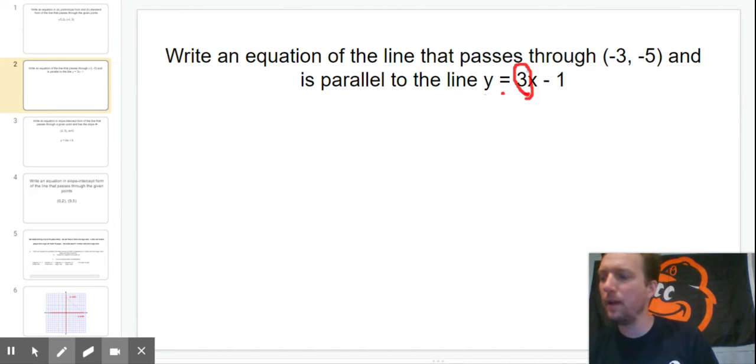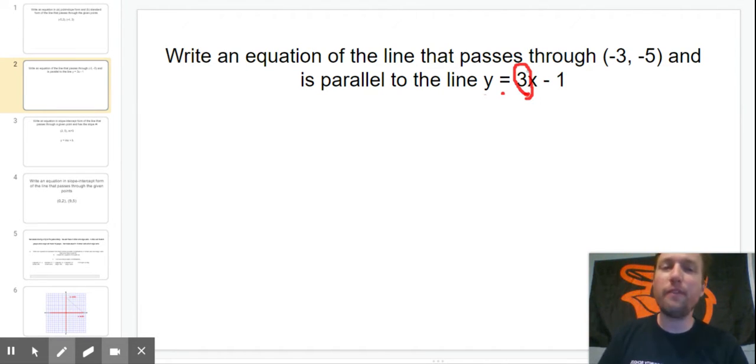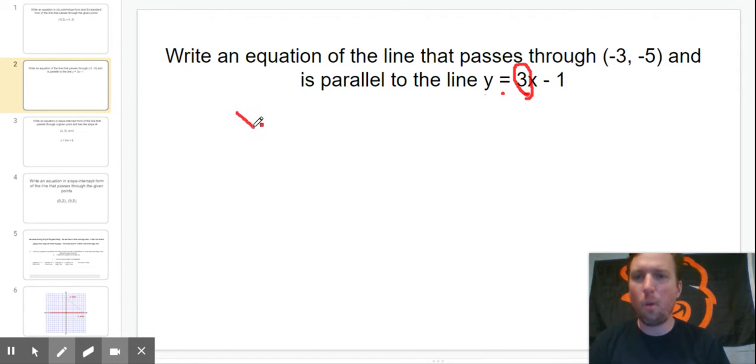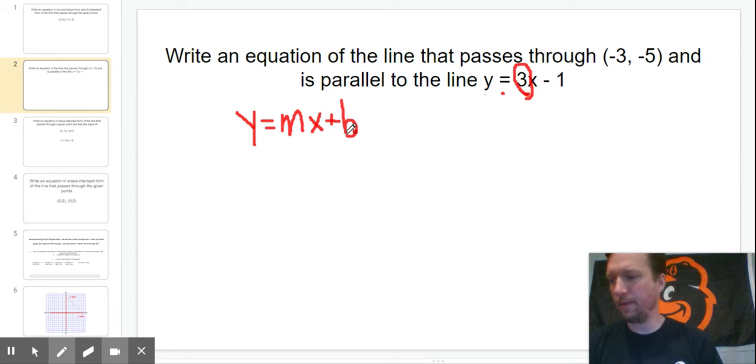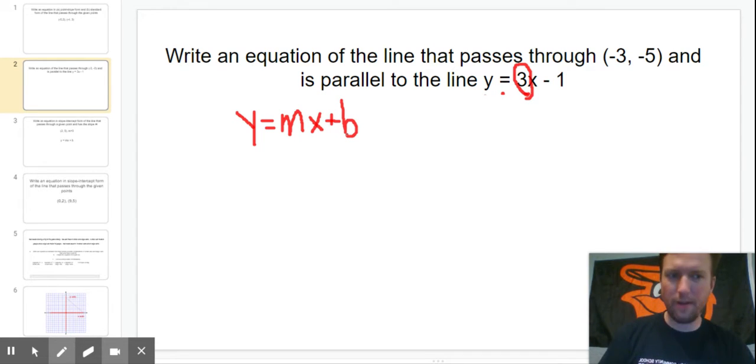So now what we're going to do is find the y-intercept. Again, we're going to use that equation y equals mx plus b, and we're going to plug in the information that we know and solve for our y-intercept. So step number 1, find the slope.